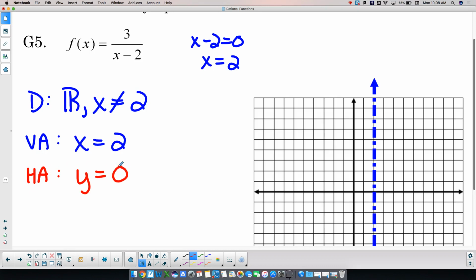If it were bigger on the top, what would be my horizontal asymptote? Nothing. None. Zilch, nada. If they were the same, what would my horizontal asymptote be? Y equals A over B. And how do I find A and B? The lead coefficients of the numerator and the lead coefficient of the denominator. Yep. And again, that should all be on your note sheet.